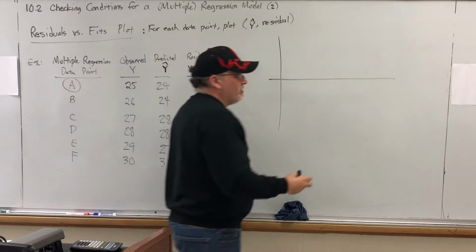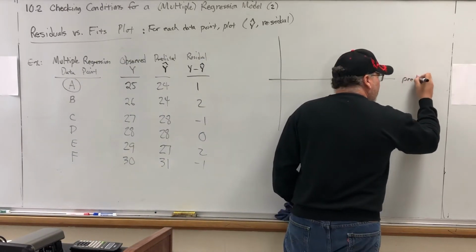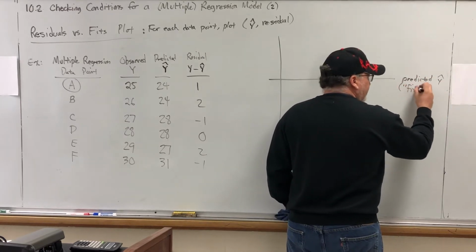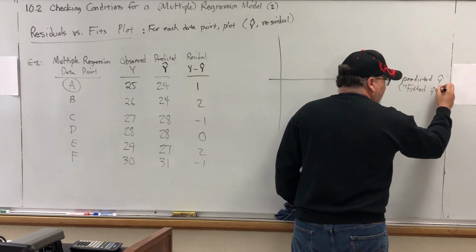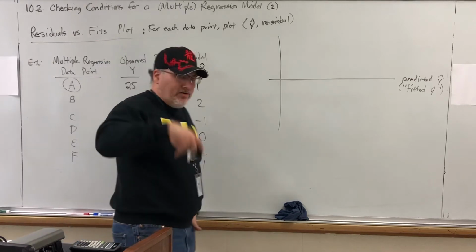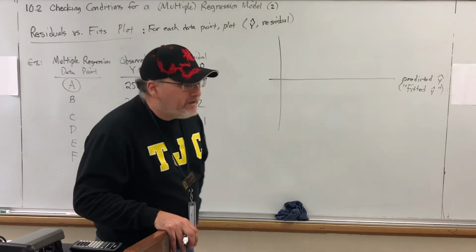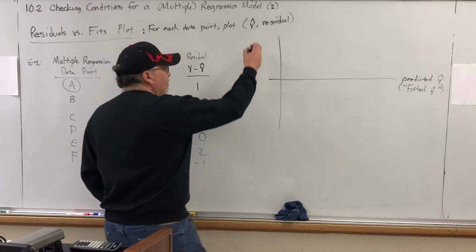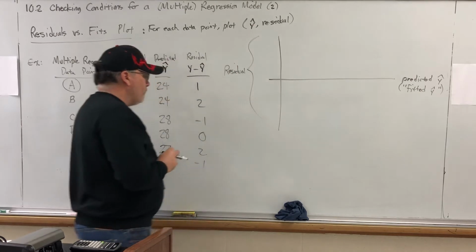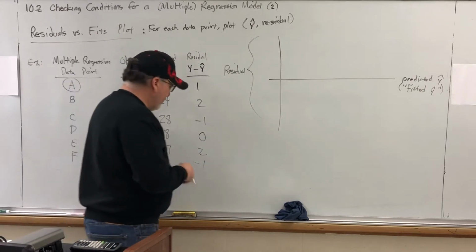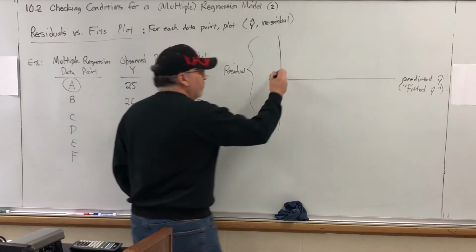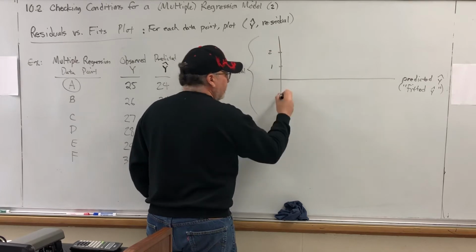The horizontal axis represents the predicted y-hats, which are also called the fitted y-hats. Hence the name residuals versus fits plot, along the lines of line of best fit. And then our residuals are listed along the vertical axis. We don't need a whole lot of room up and down the vertical axis. We'll just go up 2 and down 2.